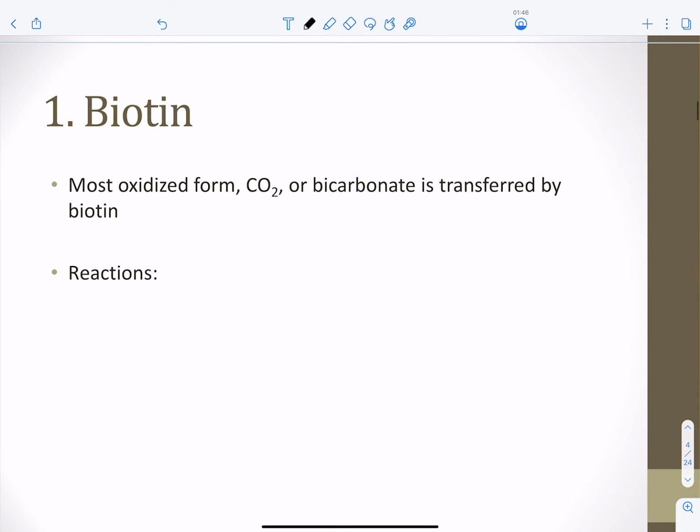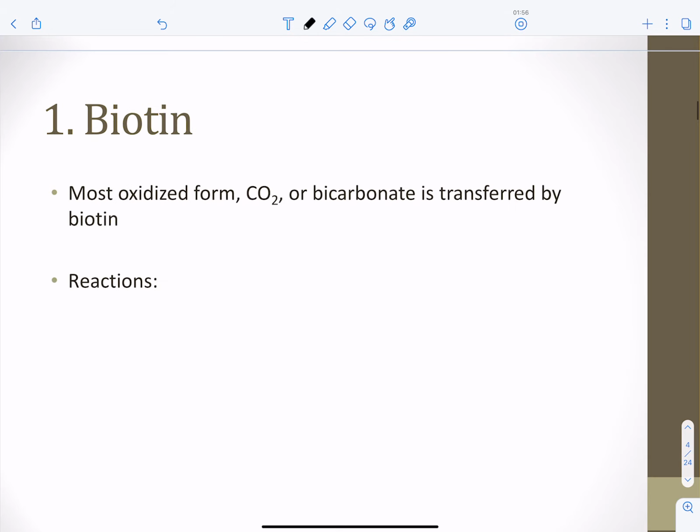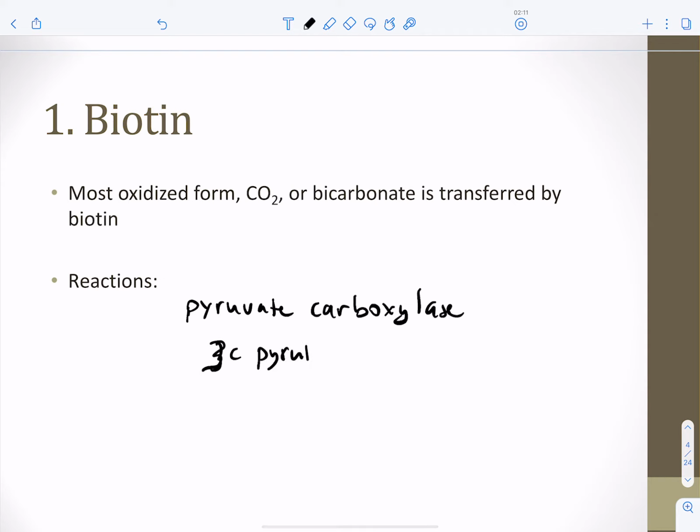So biotin, again, is going to take carbon dioxide or bicarb, and the reactions are going to be two major ones, which are pyruvate carboxylase, which takes a 3-carbon pyruvate and makes it into the 4-carbon oxaloacetate. And this takes place, of course, in the mitochondria.